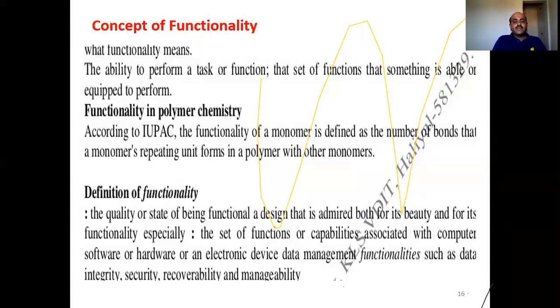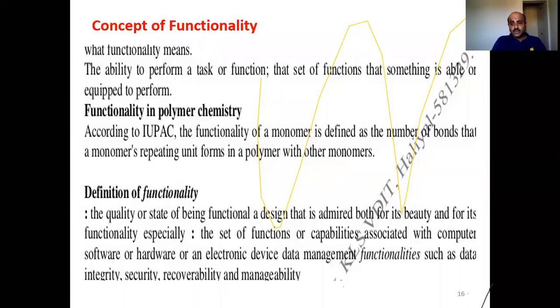They give the definition for functionality in polymer chemistry. According to this, the functionality of a monomer is defined as the number of bonds that a monomer's repeating unit forms in a polymer with other monomers.